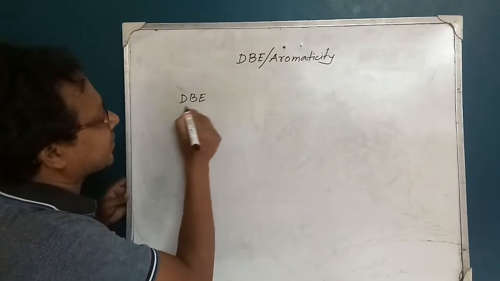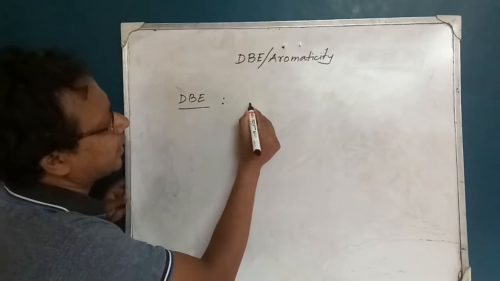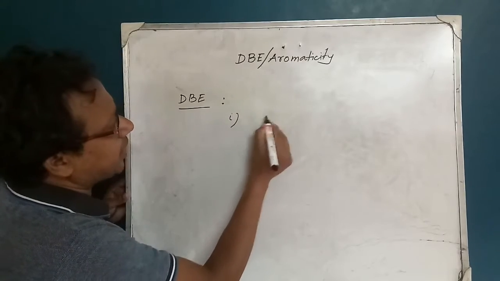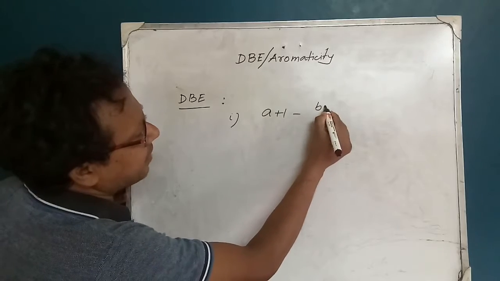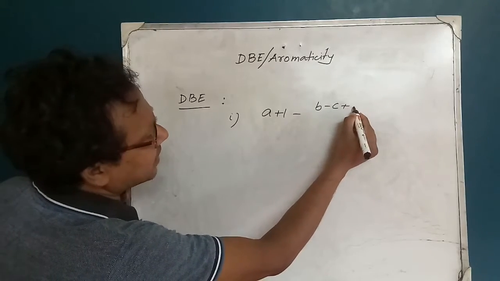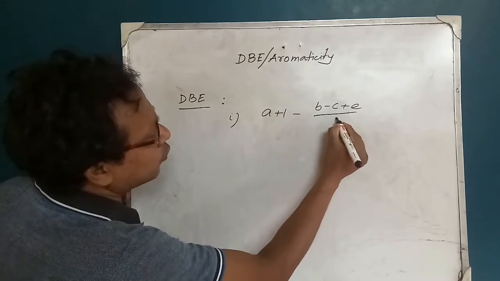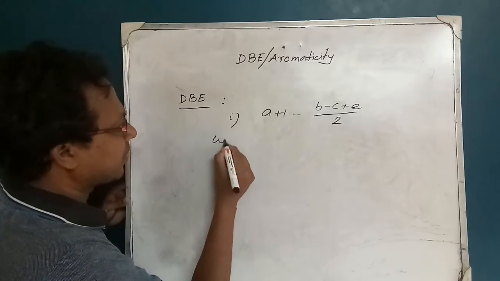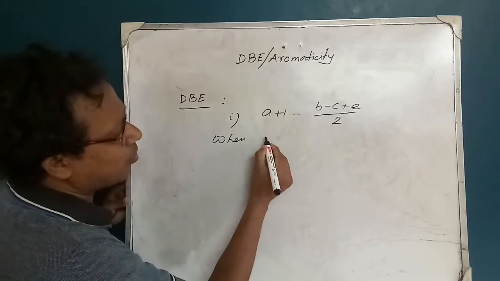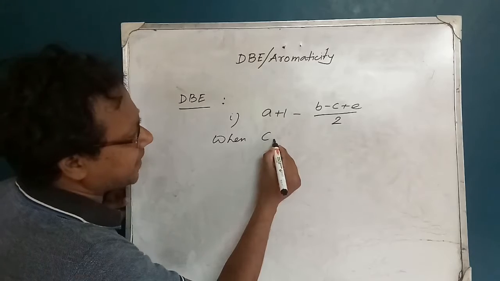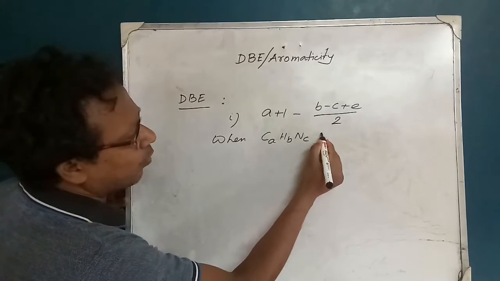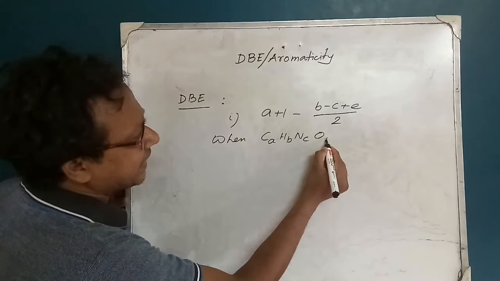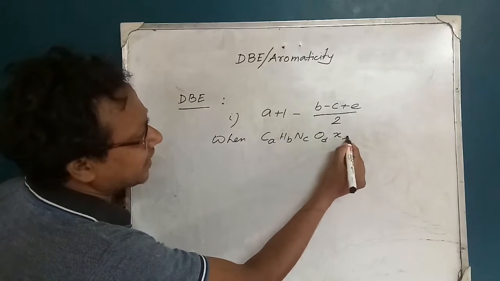DBE has two formulas to calculate. The first one is C plus 1 minus H minus X minus N by 2, when the organic compound is CaHbNcOdXe.